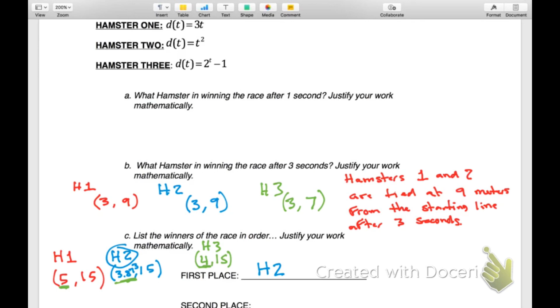Second place is going to be hamster 3. He took 4 seconds to finish the race. And hamster number 1 is going to be in last place, third place. It took him 5 seconds to finish. I don't have room to go down here.